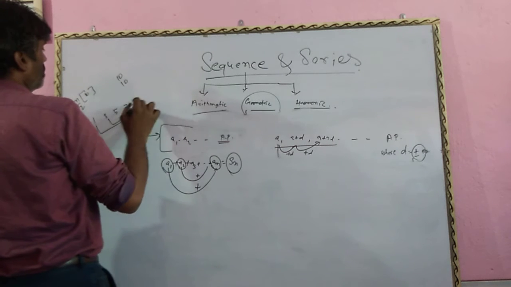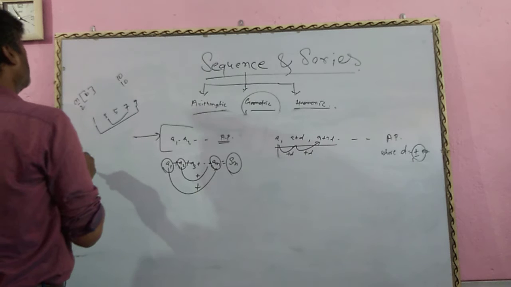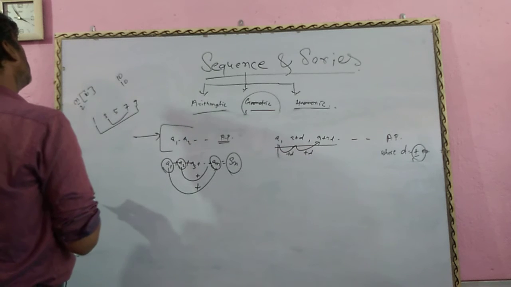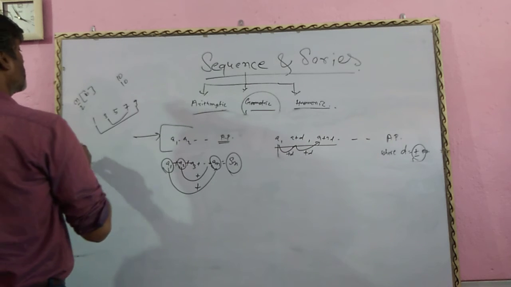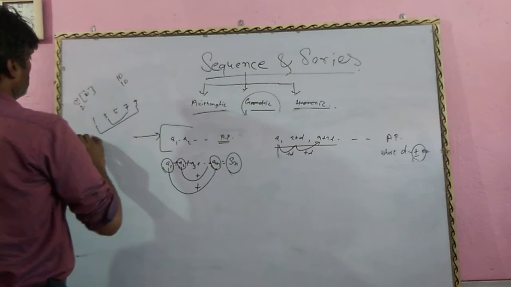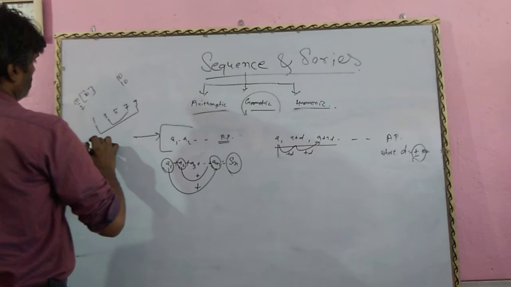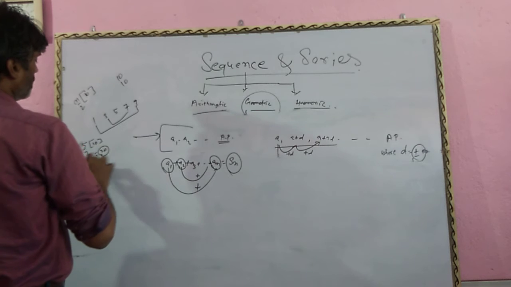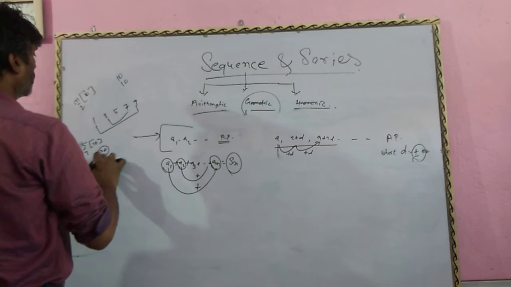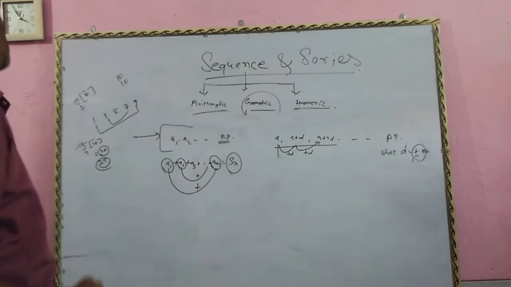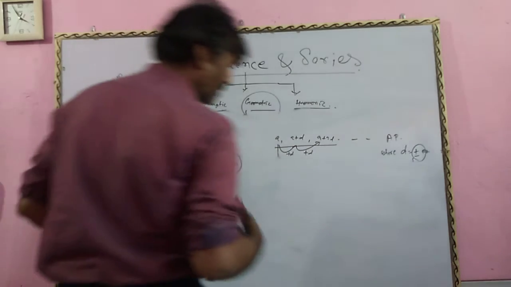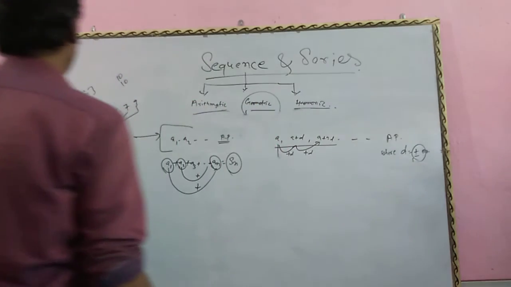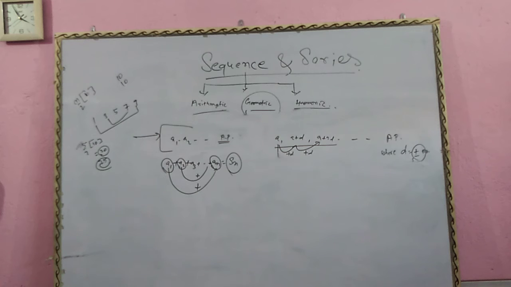And what is the number of terms? How many terms are there? That is 5. So it becomes 20, how, 2.5 is 25. Good. We have got the actual result.